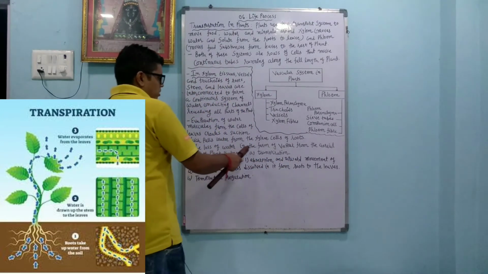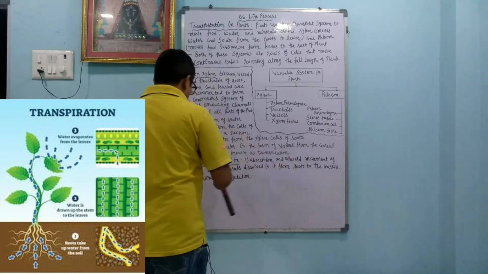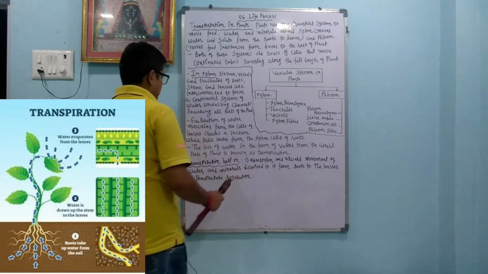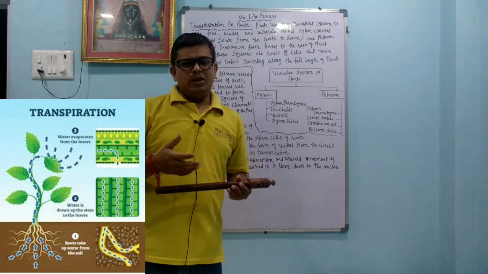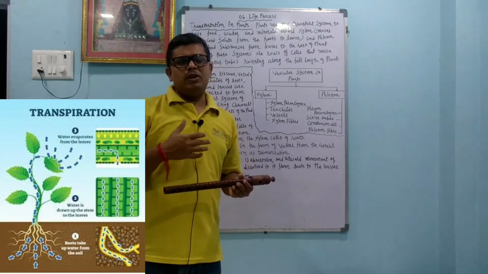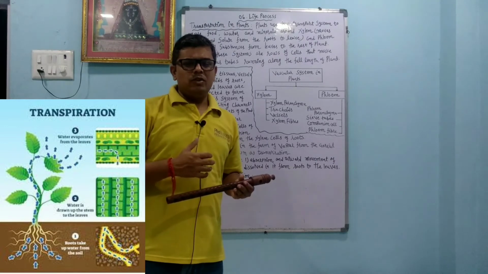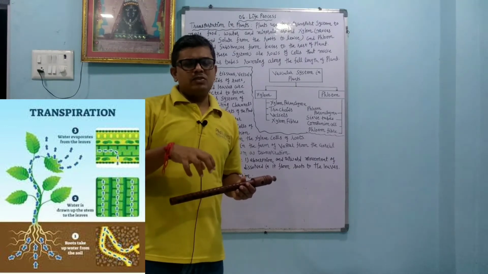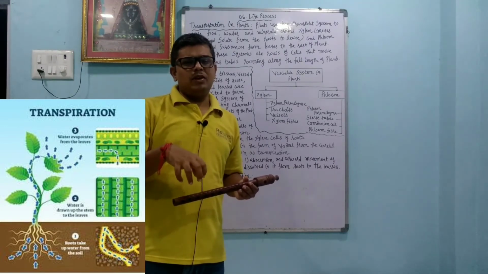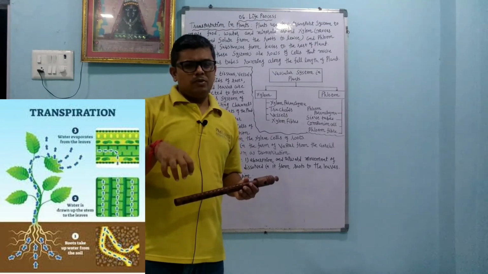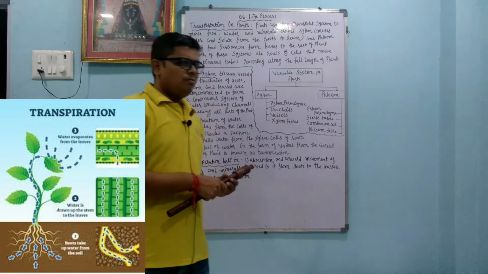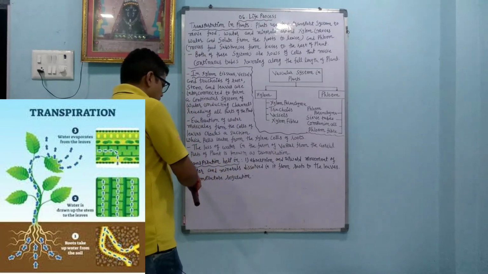The loss of water in vapor form from the aerial parts of the plant is known as transpiration. So here we know what transpiration is. It is the evaporation of water from the aerial part of the plant, and because of that suction is created, and in that way roots take water from the soil to the different parts of the plant.